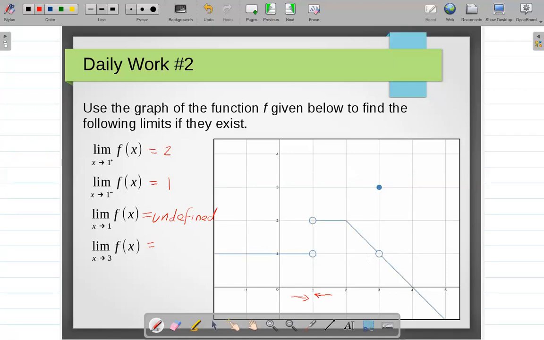So that's why it's 1, because this is 1, all right?